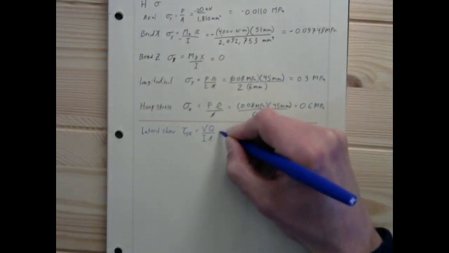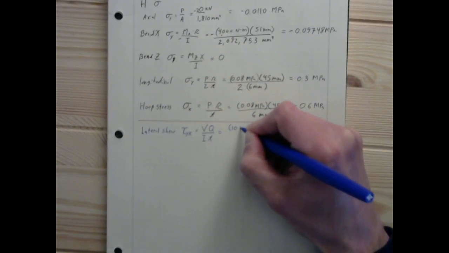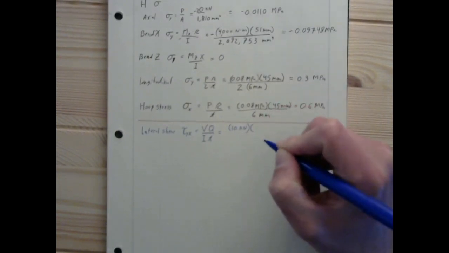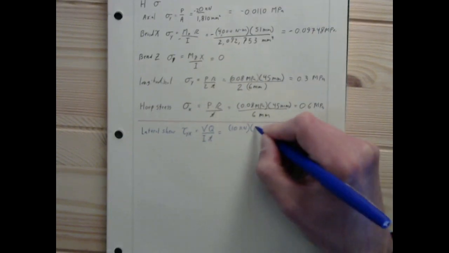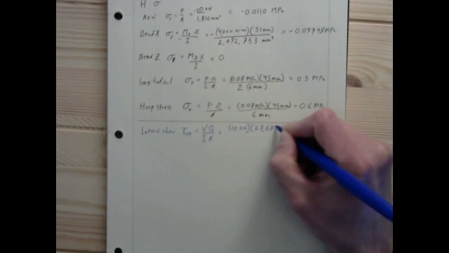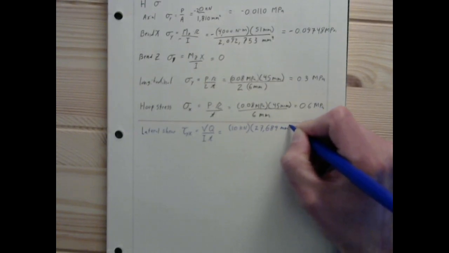which is going to be equal to, well, 10 kilonewtons. That part's easy. Q, we already determined what Q was earlier. We said it was 27,684 millimeters cubed.